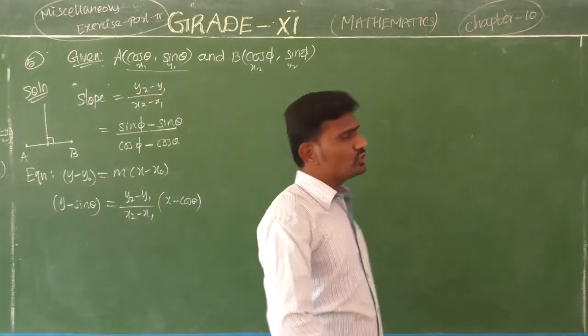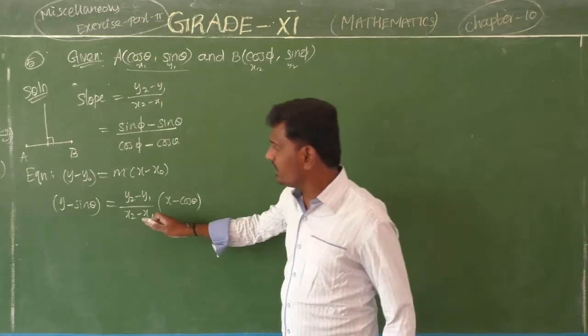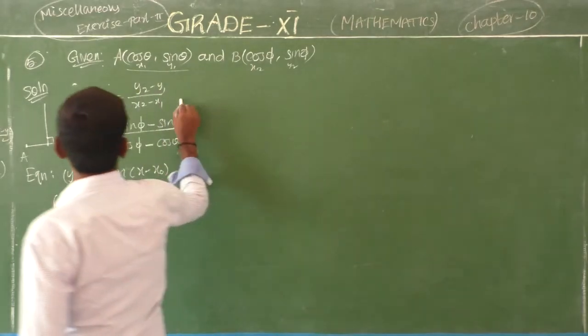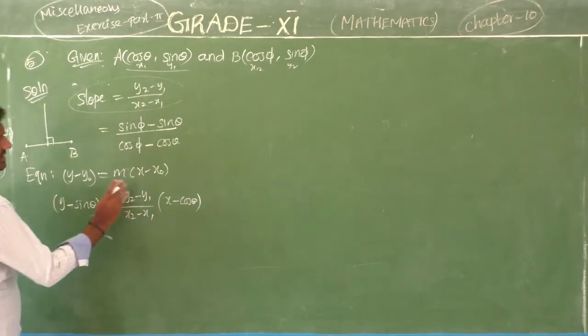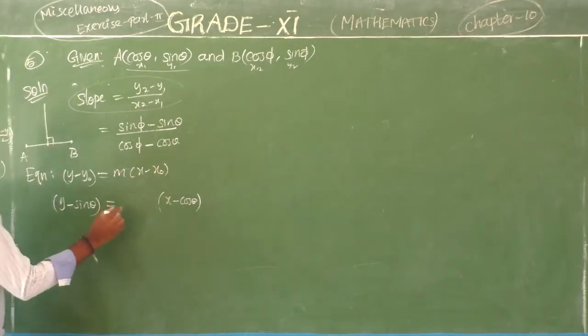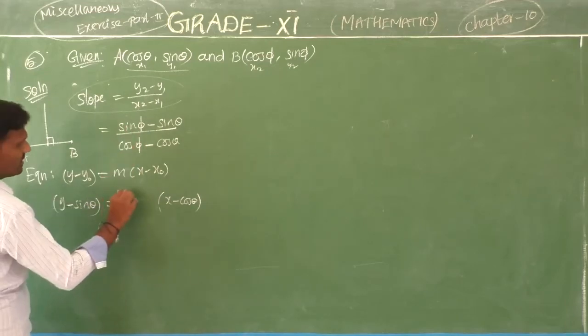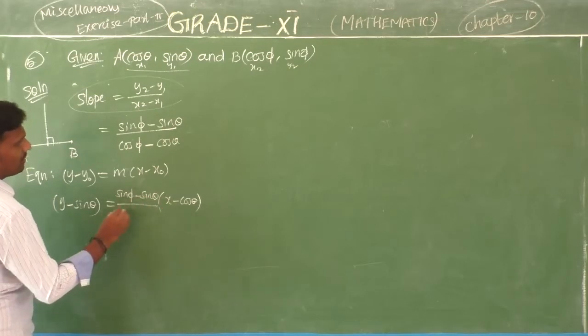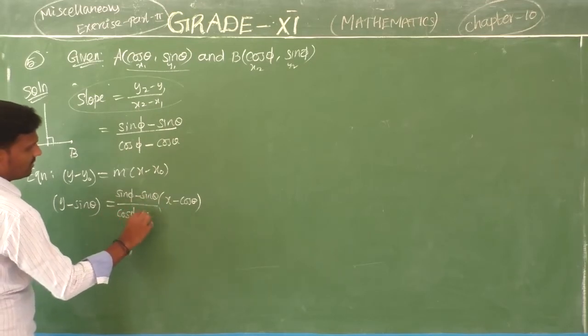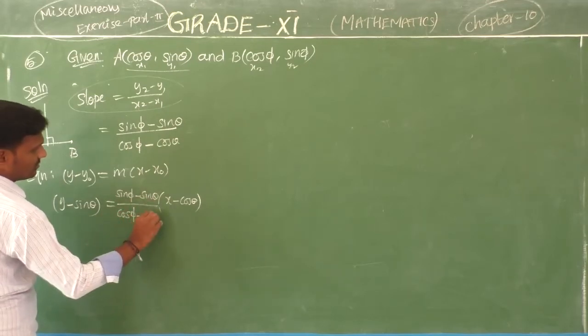Now what you want to do, students? The denominator, you already have the slope. Now you are going to substitute directly, not a problem: sin phi minus sin theta by cos phi minus cos theta.